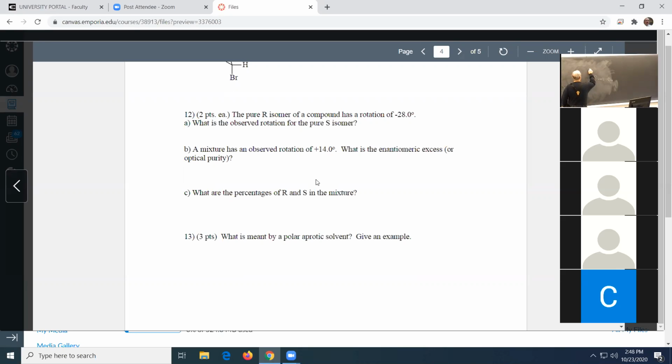Okay, so we have 50% S, plus the remaining 50% would be a racemic mixture. So we have 25% S and 25% R. Okay, so overall, we have 75% S and 25% R.